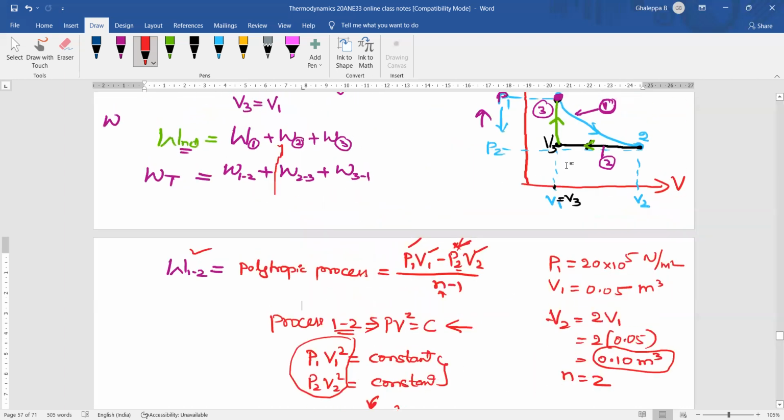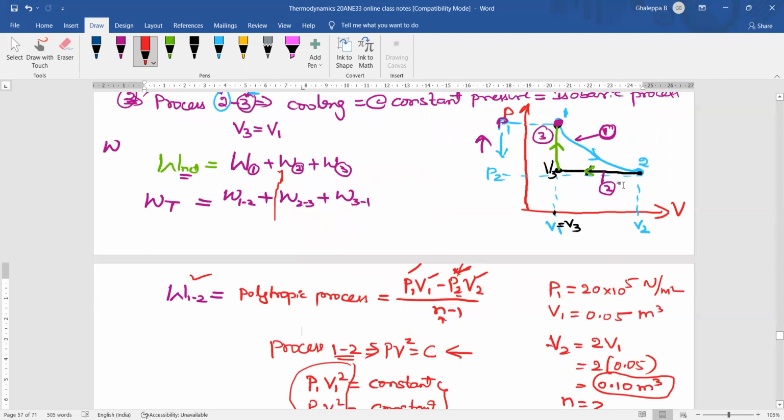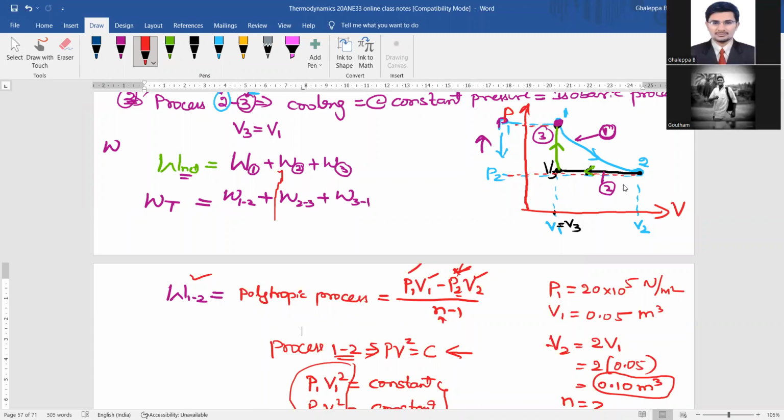Look at the diagram and tell me, should P2 be more than P1 or less than P1?